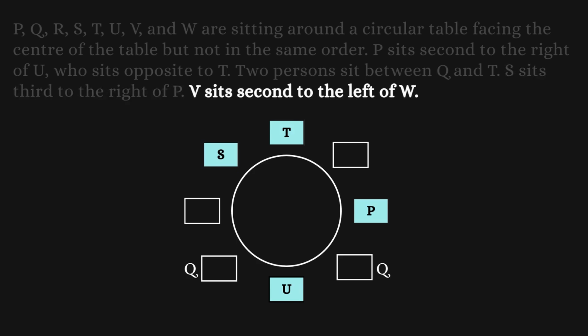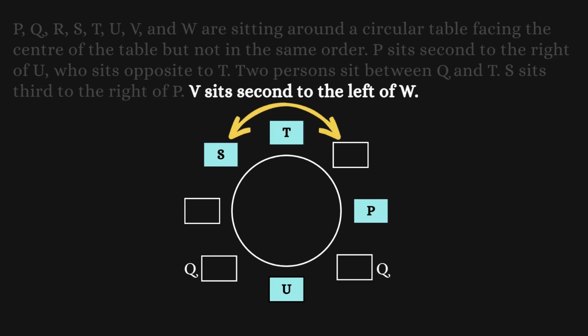V sits second to the left of W. This statement means there is one position between V and W. Since this is the last statement, let's try out all our options. This position is not possible because both the seats are already taken.